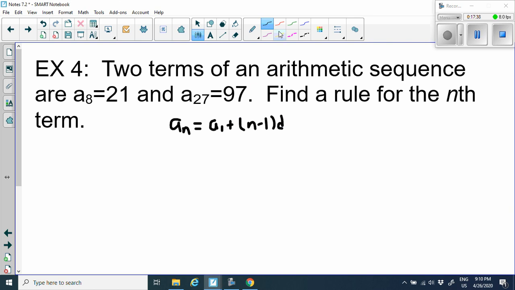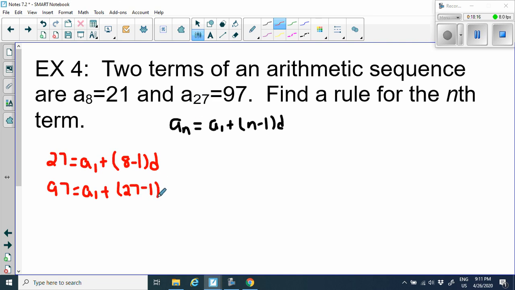Here's my formula, which I always have. Okay, so first, let's plug this in. My a sub n is going to be 21 equals a sub 1 plus my n value, which is going to be 8. So I have 8 minus 1 times d. And I do the same thing here. My a sub n is going to be 97 equals a sub 1 plus 27, because that should be my n value, minus 1 times d.